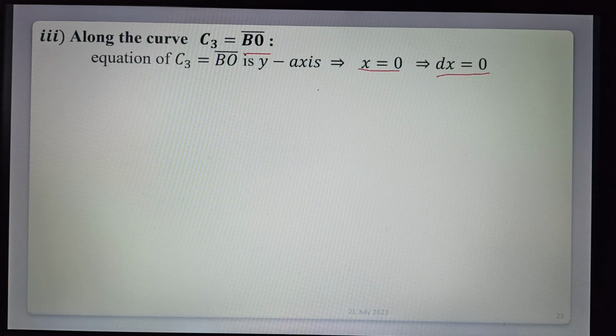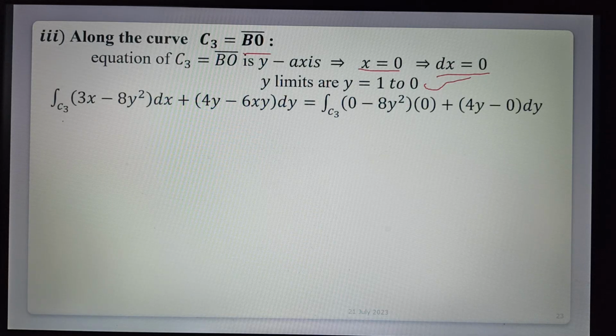The BO line means from point 0 comma 1 to 0 comma 0, so the y limits are 1 to 0. Along C3, replace x with 0. That is 0 minus 8y square into 0 plus 4y minus 0 into dy. That is equal to integration y is equal to 1 to 0 of 4y dy.